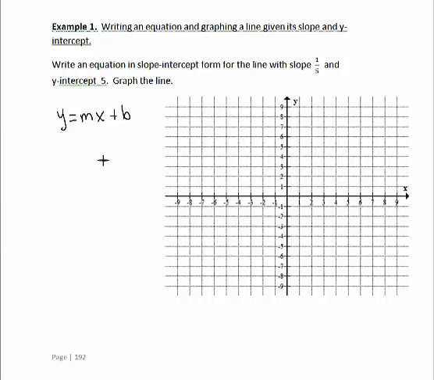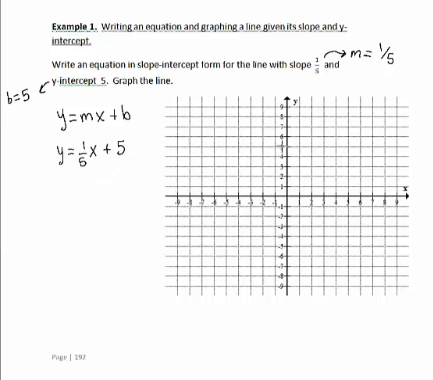So with being told the slope is 1/5, then we know that m equals 1/5. And being told the y-intercept is 5, then we know that b equals 5. So we just plug these numbers into this template for the equation of a line, and we get y equals 1/5 x plus 5. And there's our equation for the line.